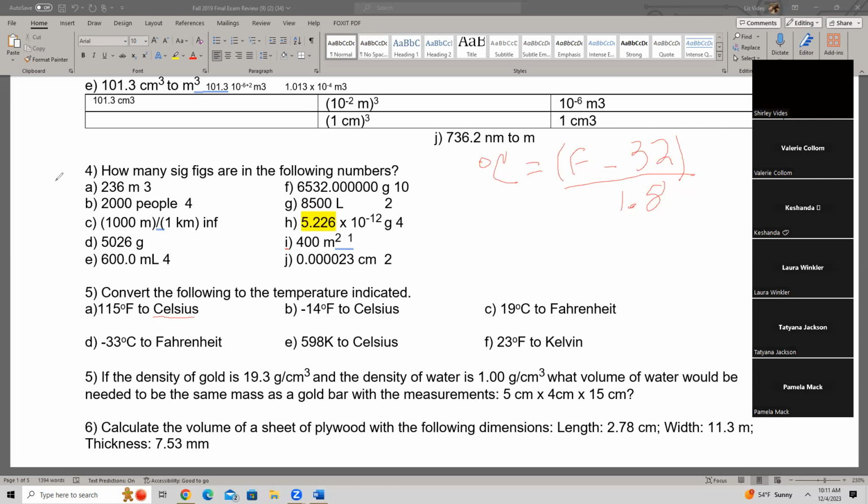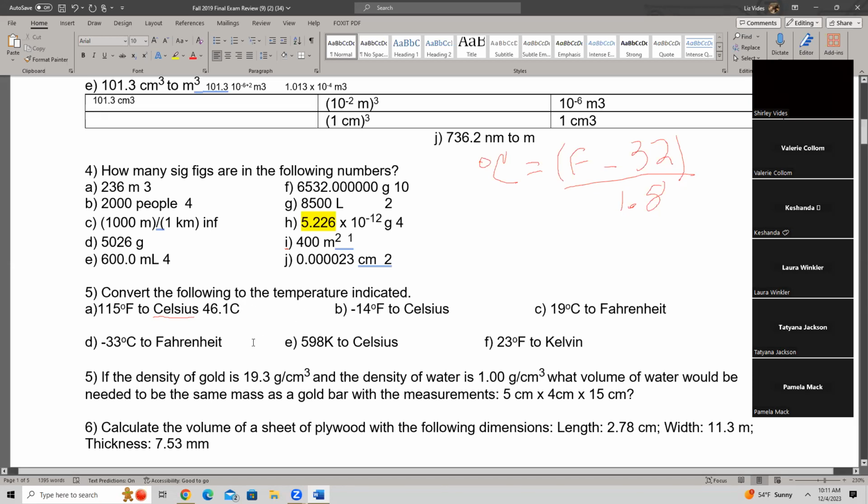Your number is always going to be smaller if you're going from Fahrenheit to Celsius, right? And according to sig figs, that's good enough. So that's what we're going to leave. And we know it's Celsius, so we'll just put a big C on it.